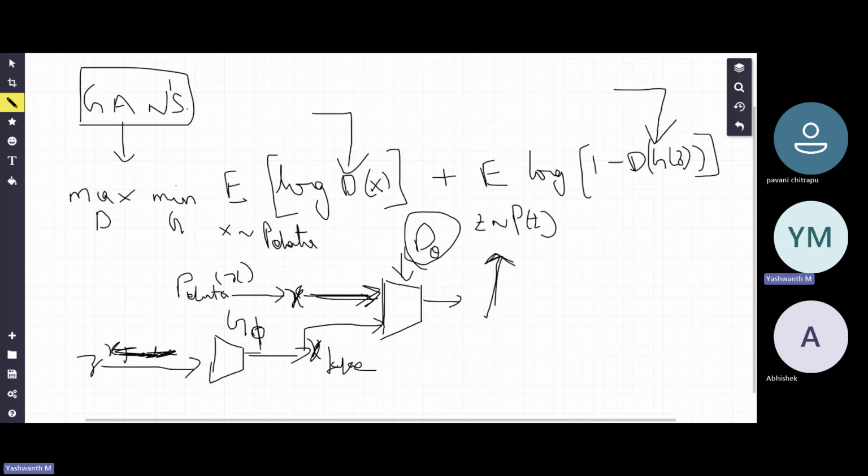It should not be able to distinguish the true data from the fake data. Whatever comes, it should say it is fake with probability half, and if fake data comes, it should say it is true data with probability half. It should get confused. That's the ultimate objective of GANs.